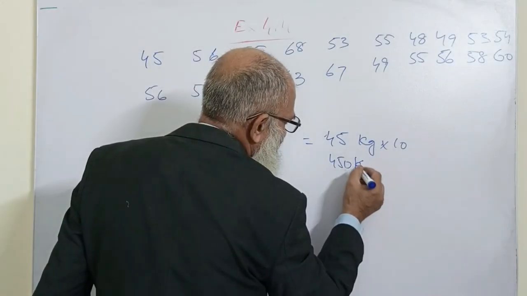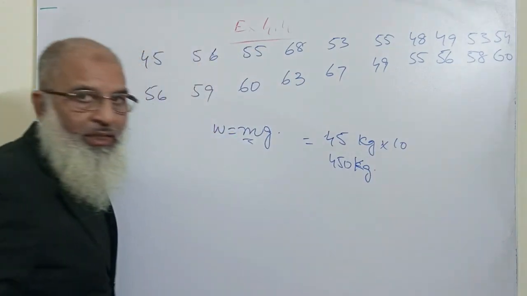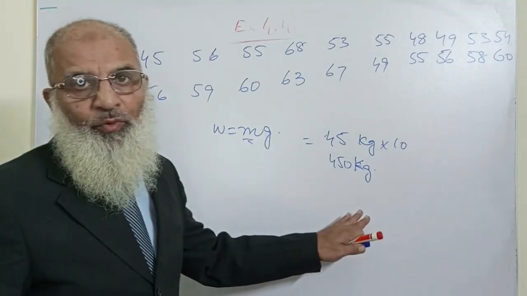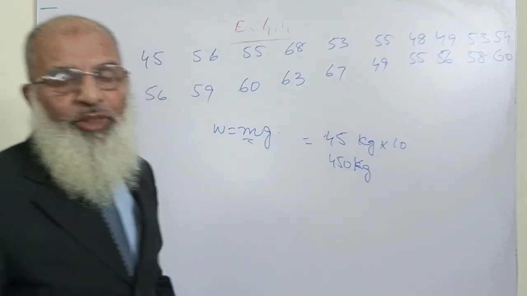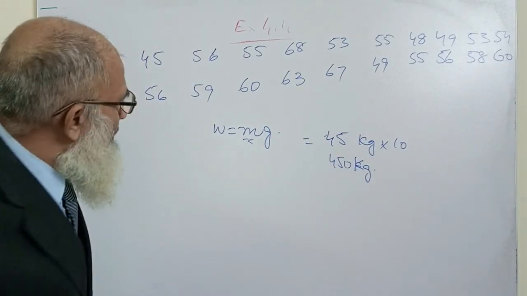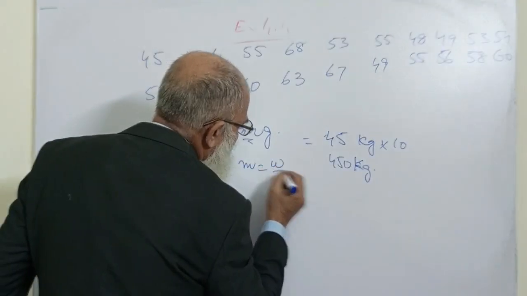The weight will be 450 kg. Can you imagine a student having 450 kg? The mass is m equal to w upon g.